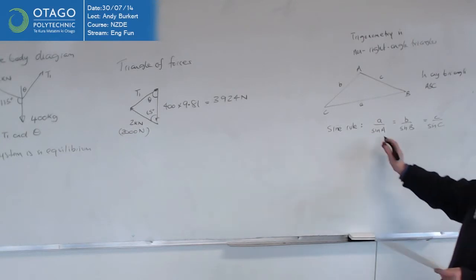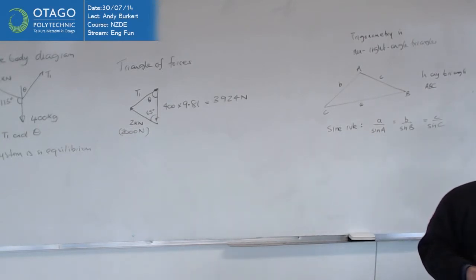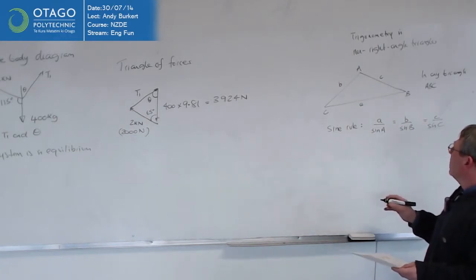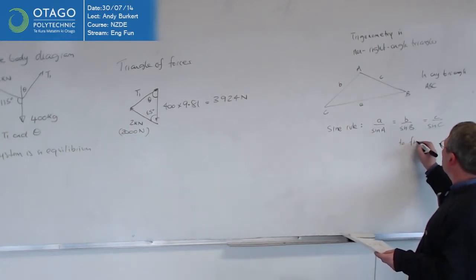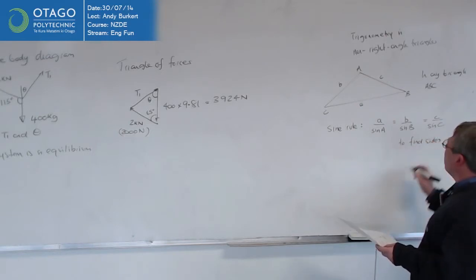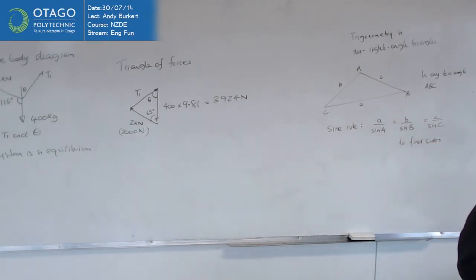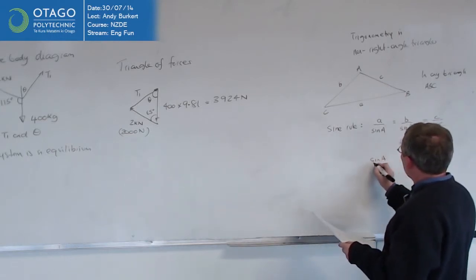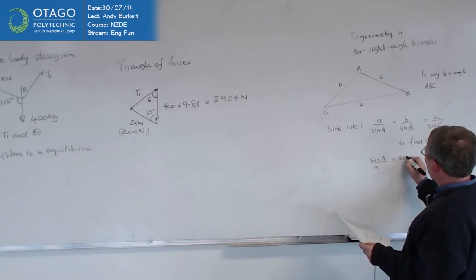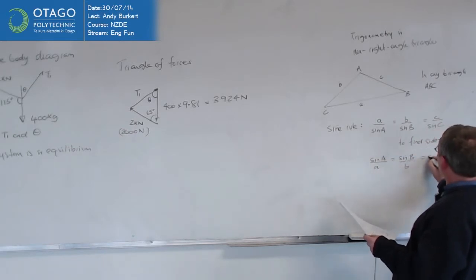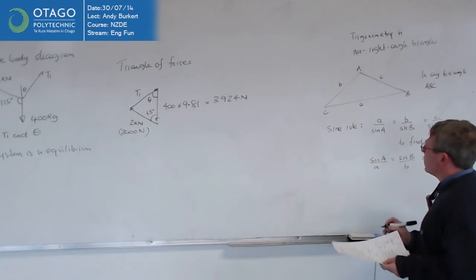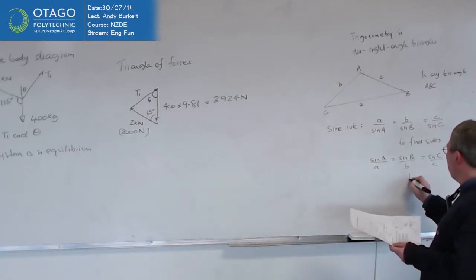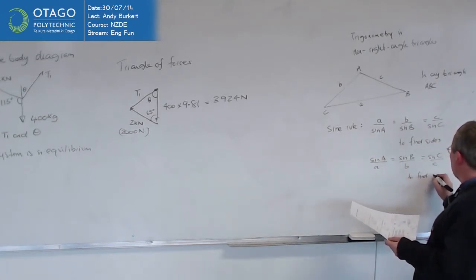Now that's the normal way of the sine rule, which we use to find sides. And if you want to find angles, you just flip it upside down. So we can say sine A over a equals sine B over b equals sine C over c, and we use that to find angles.